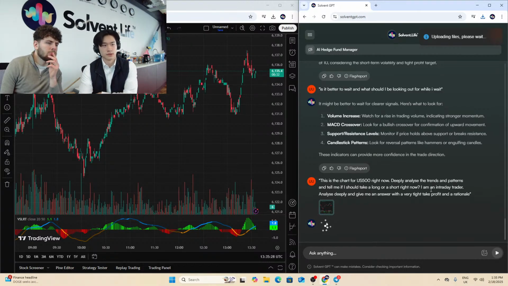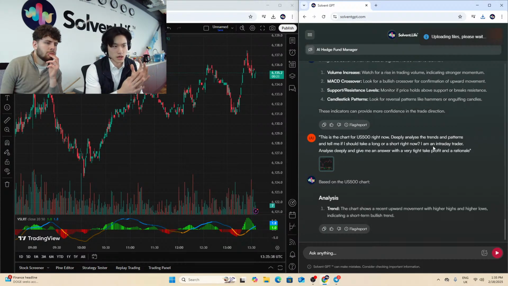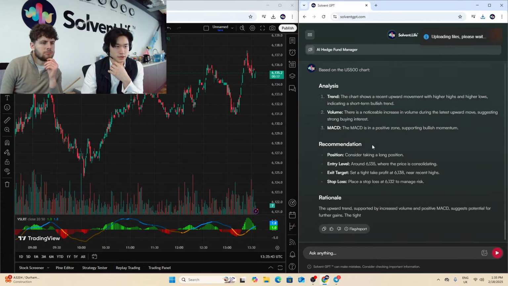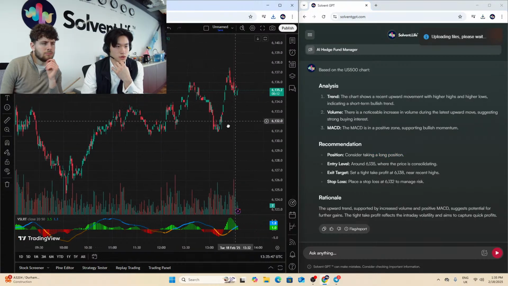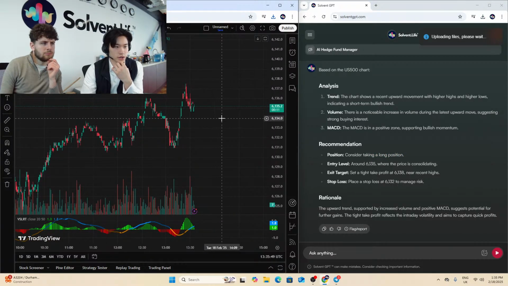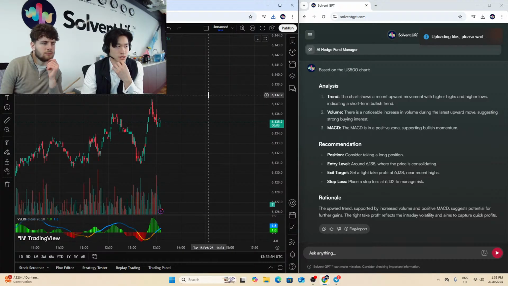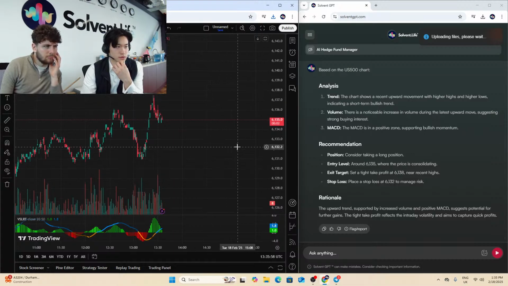Okay, based on this chart, let's see what it says. Supporting bullish momentum from the MACD. Consider taking a long position around 6135, where we're at now, and a tight take profit at 6138 near recent highs. Stop loss at 6132.